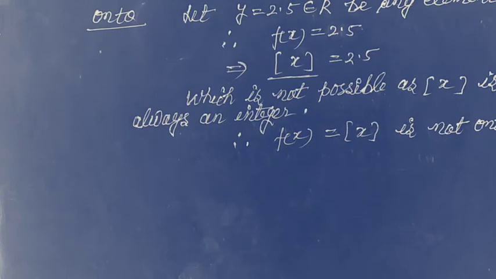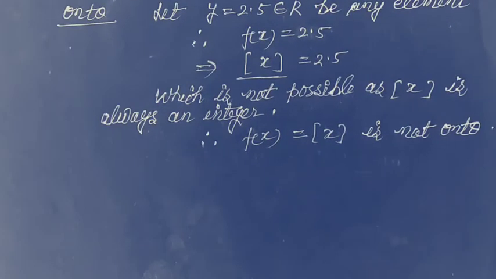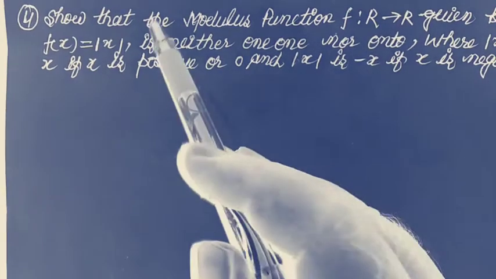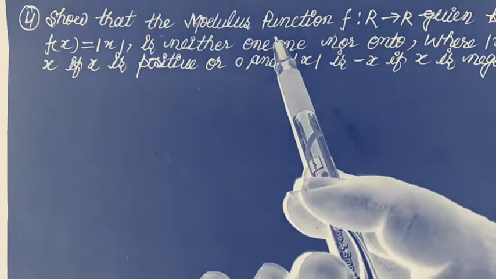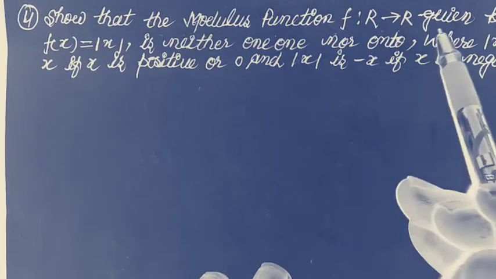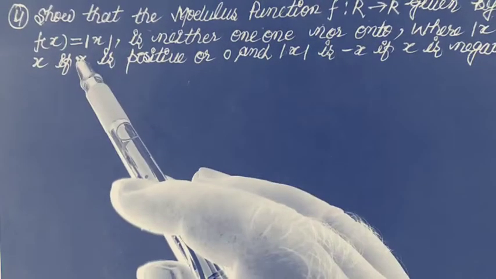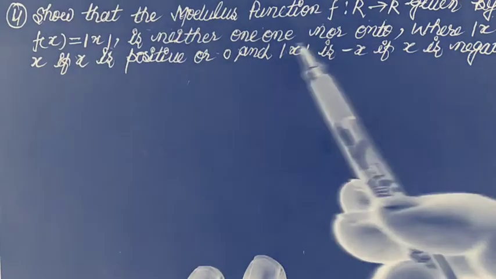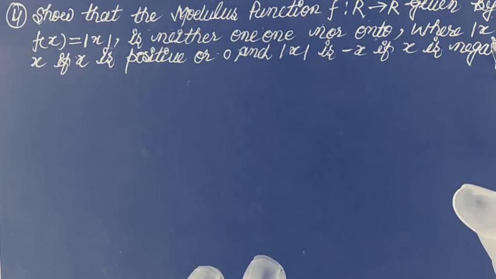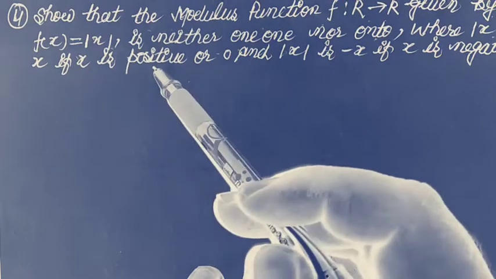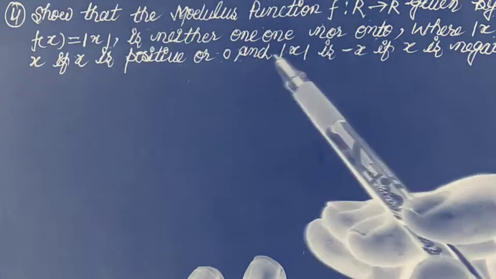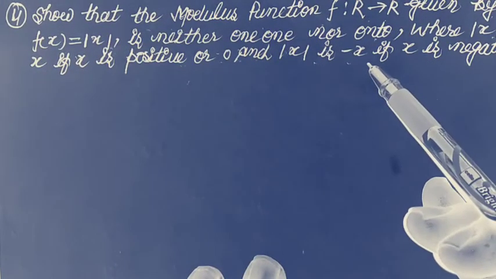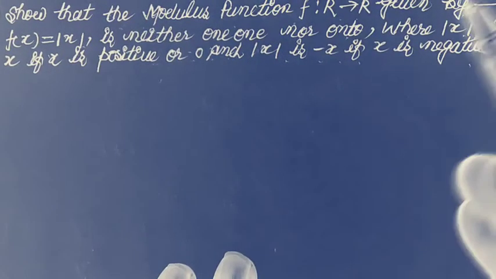Now move to the next question. Question number 4 here. Show that the modulus function f: R → R given by f(x) equals modulus of x, which is x if x is positive or 0, and is minus x if x is negative, is neither one-one nor onto.